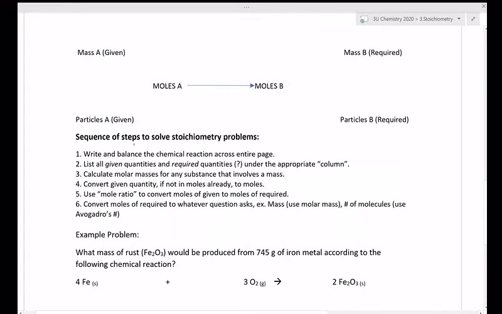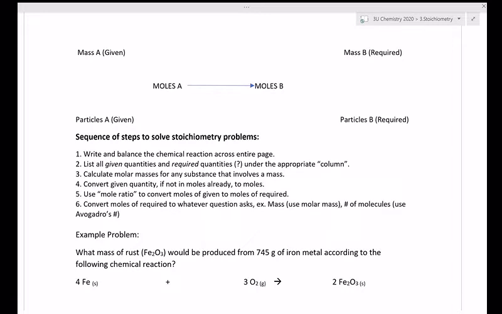I also have a list of steps that you want to follow in your mind whenever you're solving a stoichiometry problem. A couple of the steps we did the other day when we did some introductory examples. So I'm not going to read through the steps right now. We're just going to start doing an example, and then we'll be jumping around, adding to our diagram and referring to the steps.